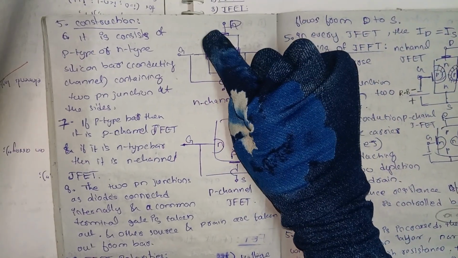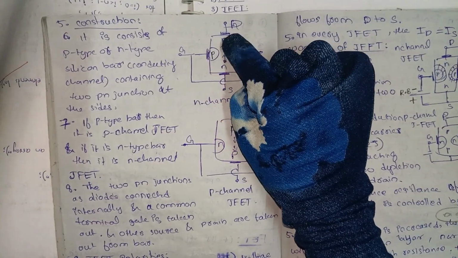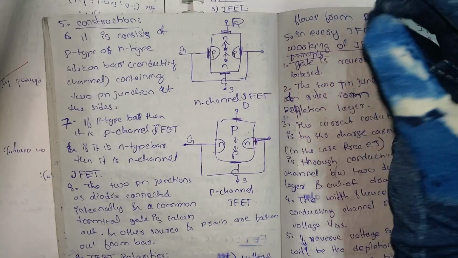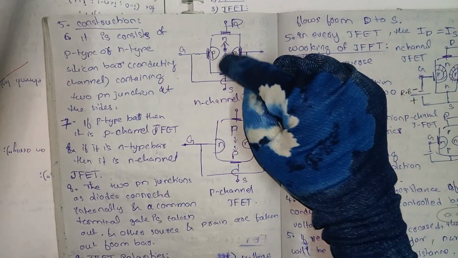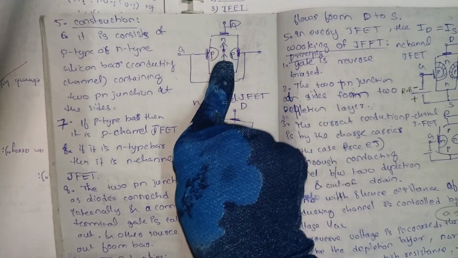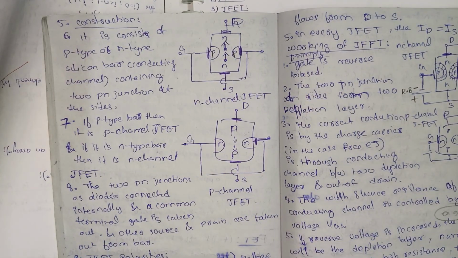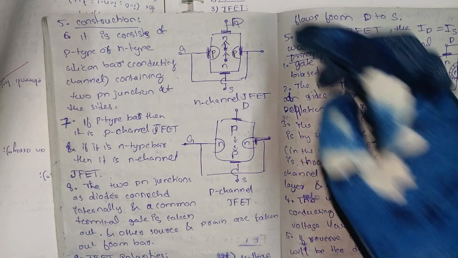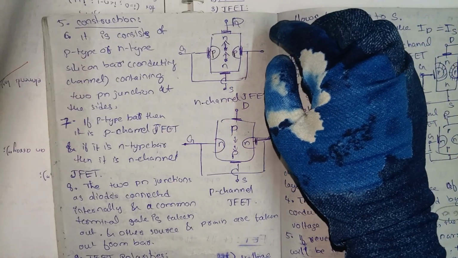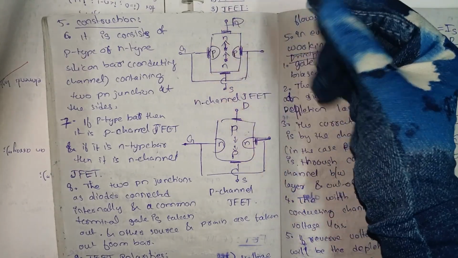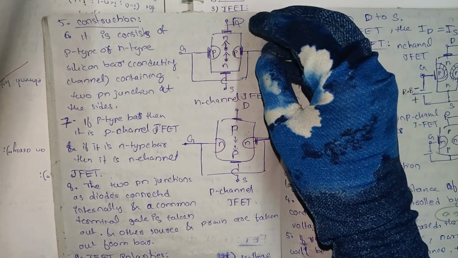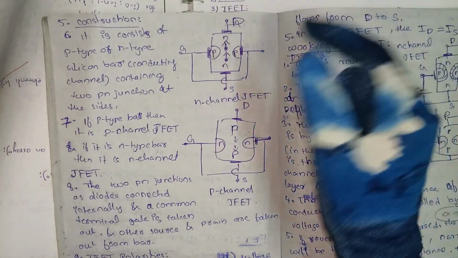The box you are seeing is the conducting channel. Drain and source are taken from the two terminals of the n-type silicon bar, and gate is a p-type material.